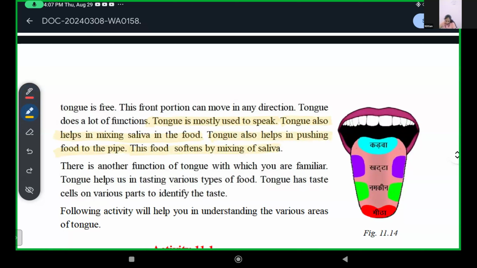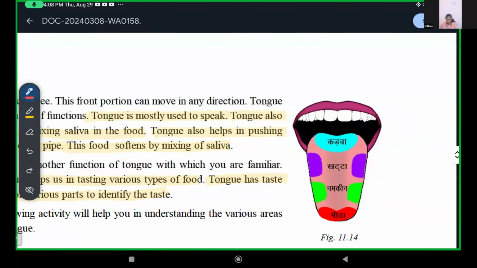Now, there is another function with which you are familiar. Tongue also helps in tasting, to tell us the taste of different types of food. Tongue has taste cells on various parts to identify the taste. If you see this diagram, it tells of the taste cells. Here at the back is bitter. Then on the sides, the purple part is sour.